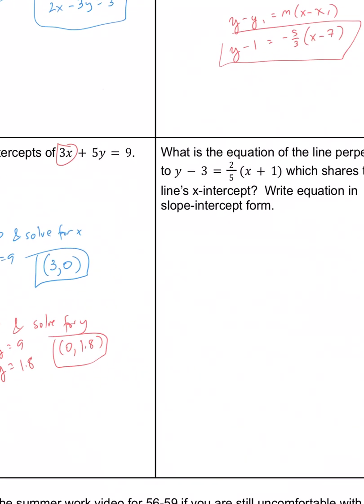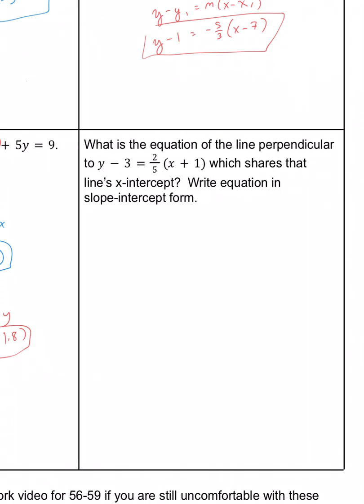All right, last problem. This is probably the most complicated of the bunch. So we have a line that we've been given, and that's this line here. And we're looking for the equation of a line that's perpendicular to that, and it shares that line's x-intercept. All right, so we're going to deal with the perpendicular part first.